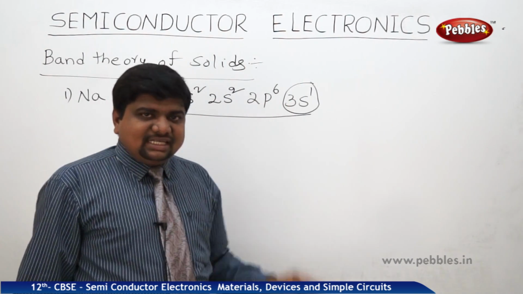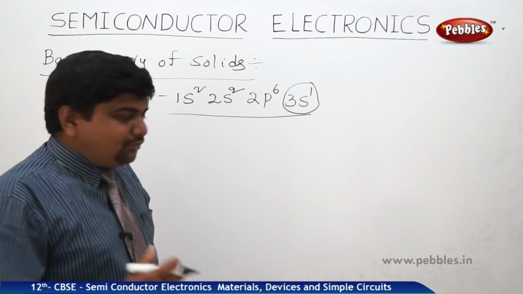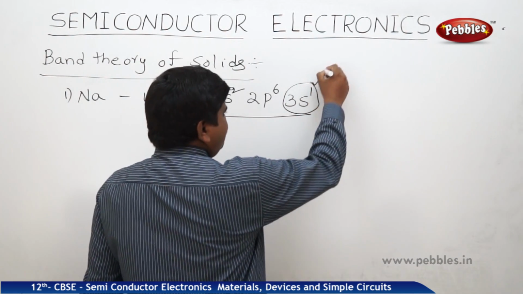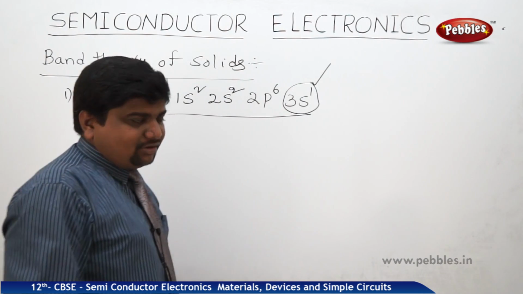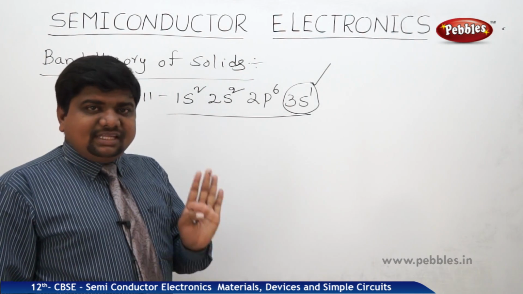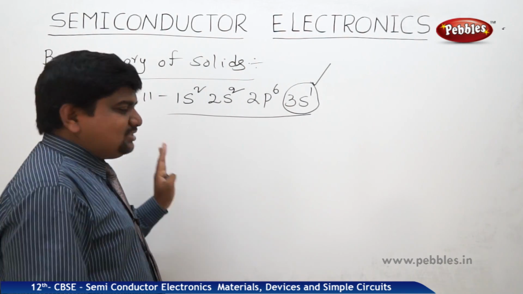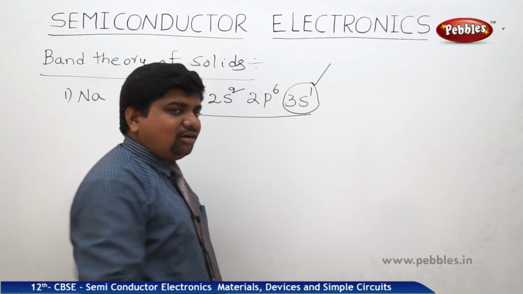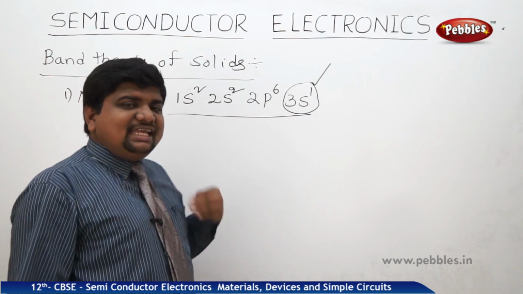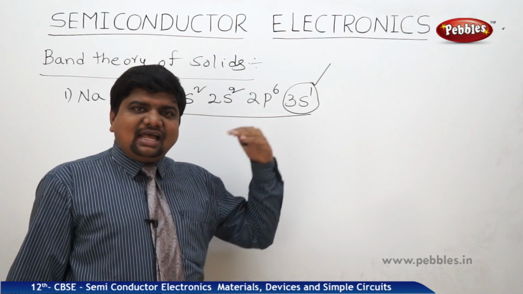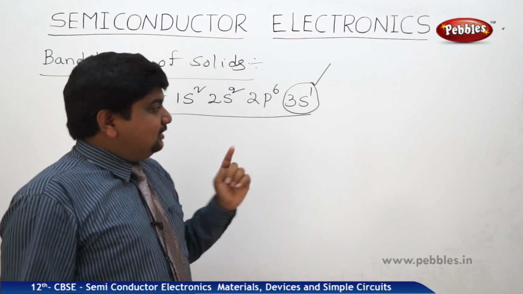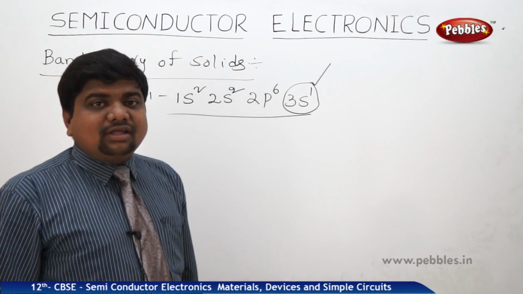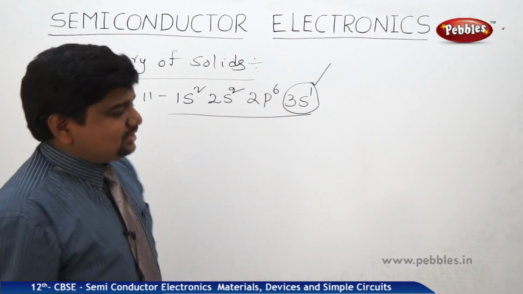Loosely bound means the influence of the nuclear force on this electron in the 3s orbital is very, very less. Because of that, the electron in this 3s orbital is freely available to react with other materials. That's why these electrons are called valence electrons.